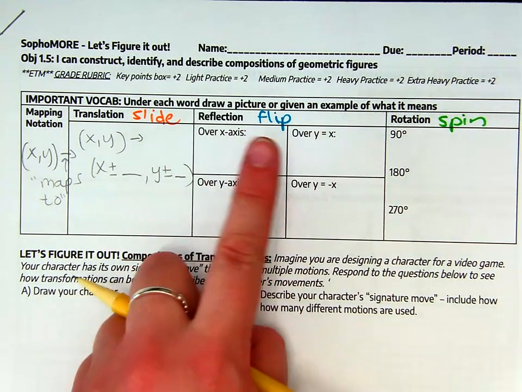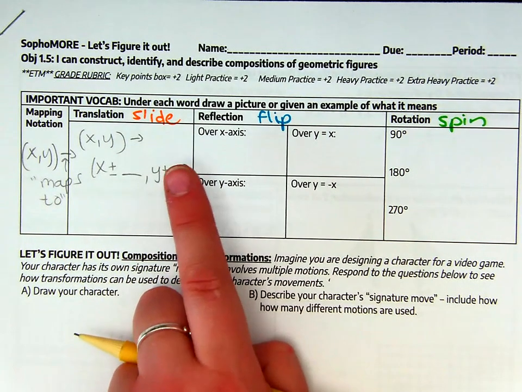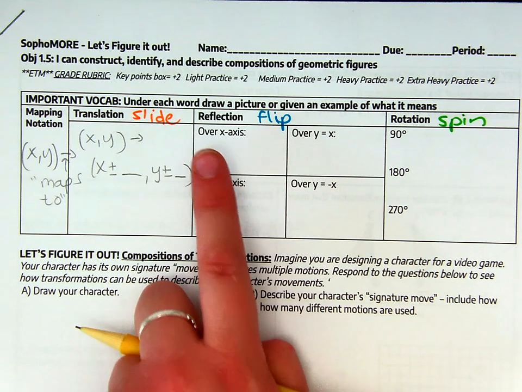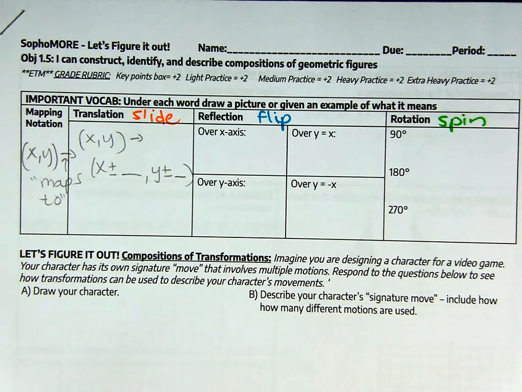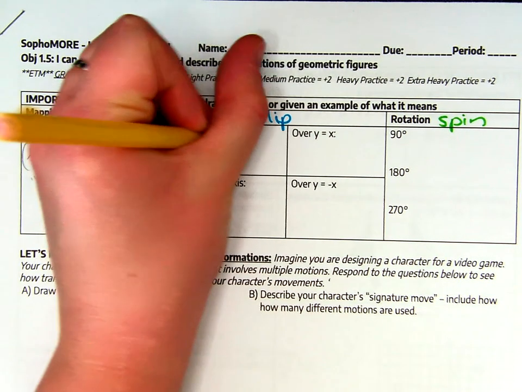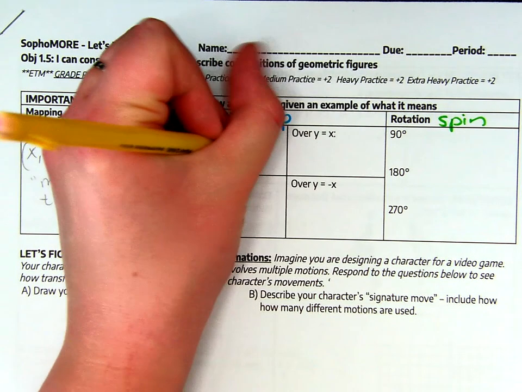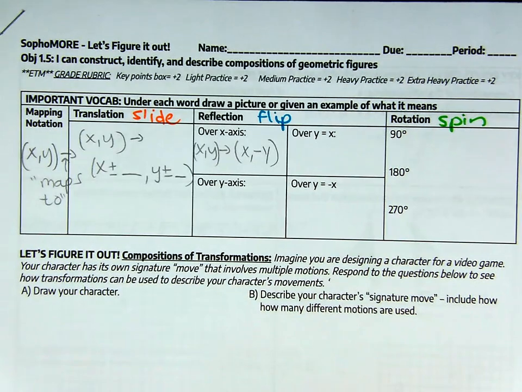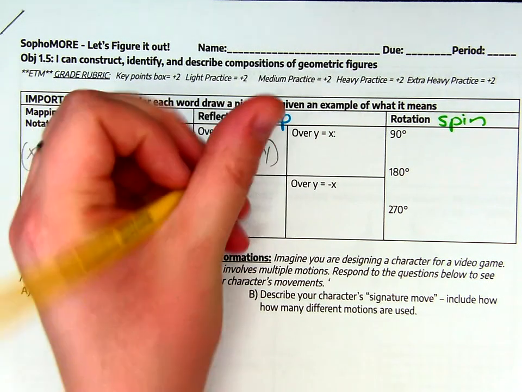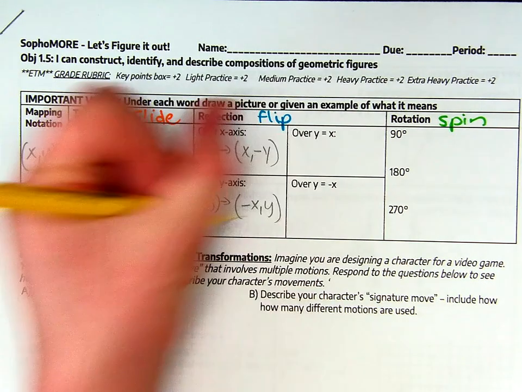Okay. For a reflection, we've learned some mapping notations for specific lines of reflection. When we reflect over the x-axis, x, y will always map to x and then opposite y. When we reflect over the y-axis, x, y will always map to opposite x, y.